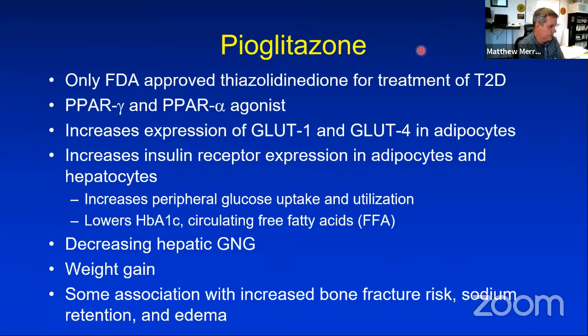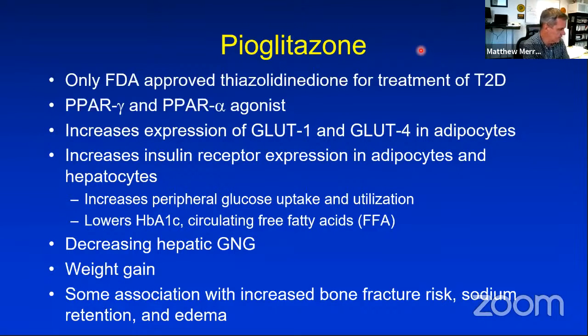It increases insulin receptor expression in adipocytes and hepatocytes. So this means that like the GLUT1 and GLUT4, this causes an increase in your peripheral glucose uptake. So it lowers your HbA1c, it lowers your free fatty acids through the insulin sensitization. All of this kind of works together.